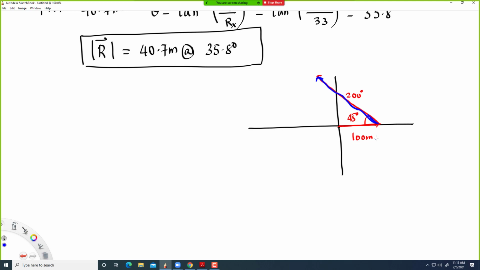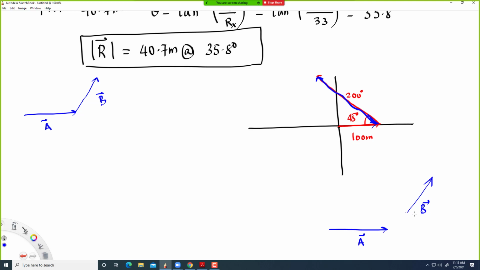So we know the vector addition method. If you have two vectors, how do you add these two vectors? We learned that in lab last time. Take the first vector, and then connect the head of the first vector to the tail of the second vector without changing the orientation.